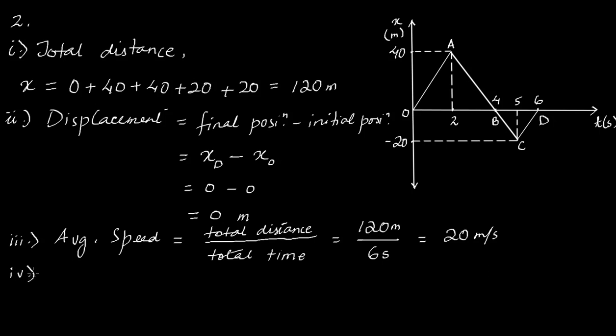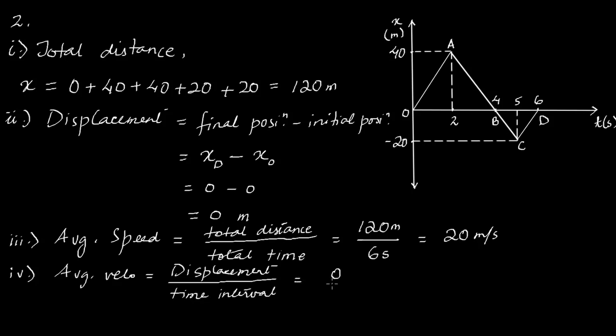Number 4, the average velocity. Average velocity here is displacement by time interval. And what is the displacement here? 0, right?